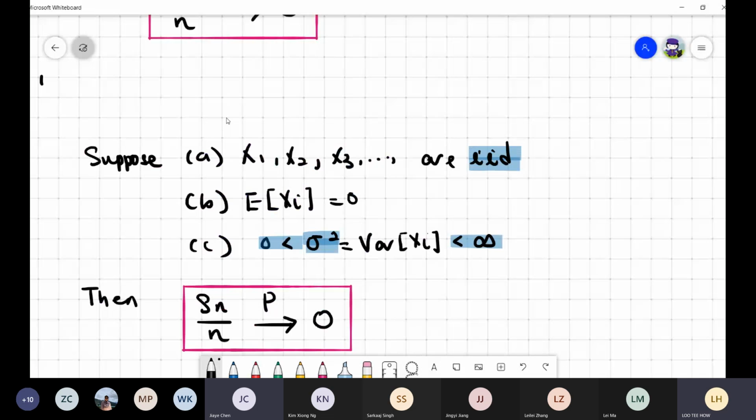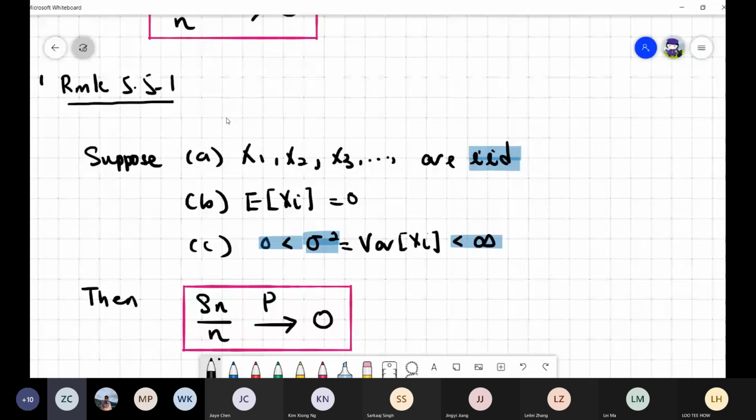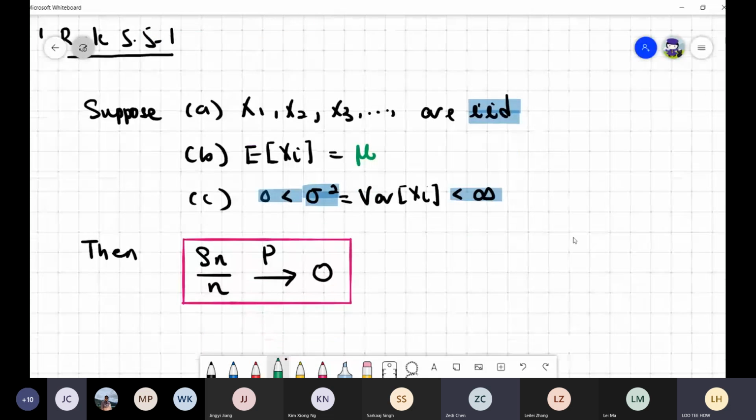So just look at this. Remark 5.5.1. If we just change this hypothesis, so let's say instead of 0, we say this is mu. So this mu could be 0 or might not be 0. If we replace this with mu, then we just need to switch our formula to this.